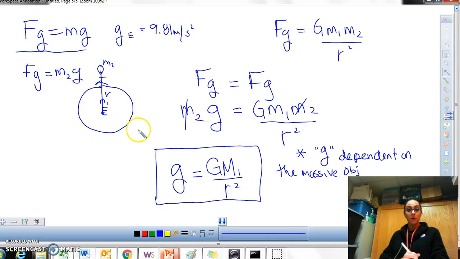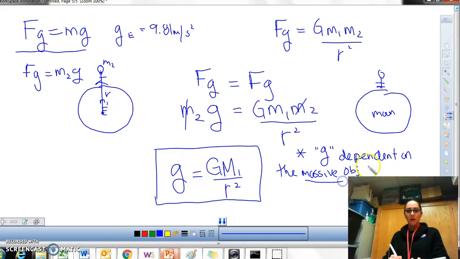In this case, it was Earth, but this refers to any object. So I can also do this with the moon, of course. In this case, it would be the mass of the moon. So I always say it's dependent on the mass of the massive object.